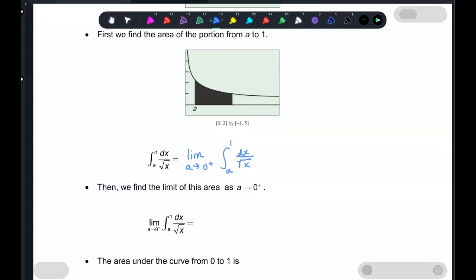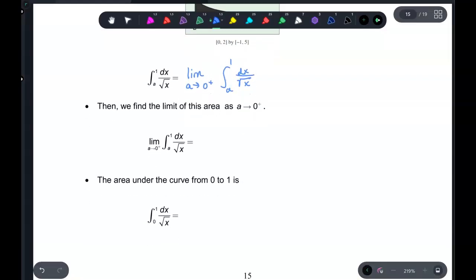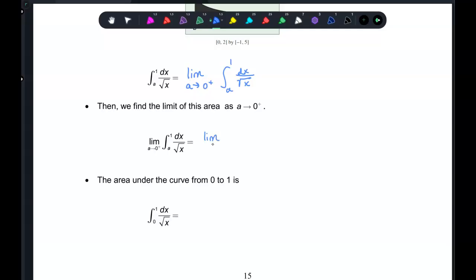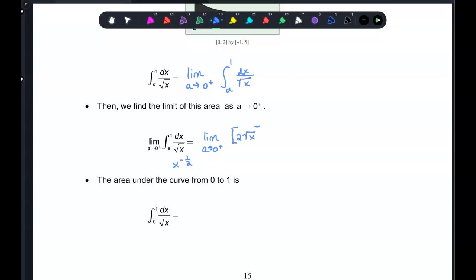All right, so let's take a look at what happens here. Think of this as x to the negative 1/2. So it'll be x to the 1/2 over 1/2, so 2 root x, evaluated from a to 1.